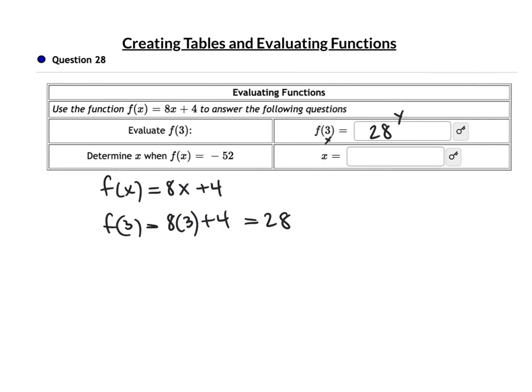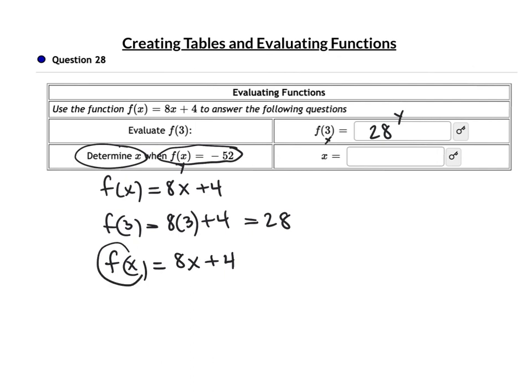Determine x. We're going to find x when f of x is negative 52. So this is y. We're determining x when y is negative 52. But what we're going to do is take f of x and replace it with negative 52. My equation, f of x equals 8x plus 4, f of x is negative 52.